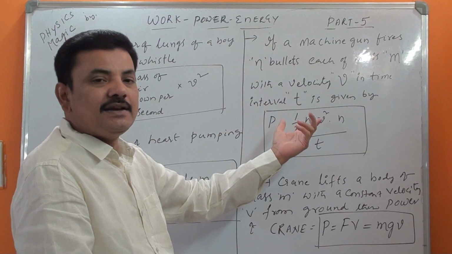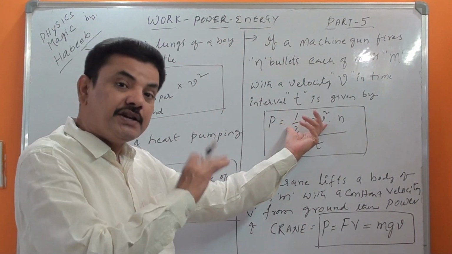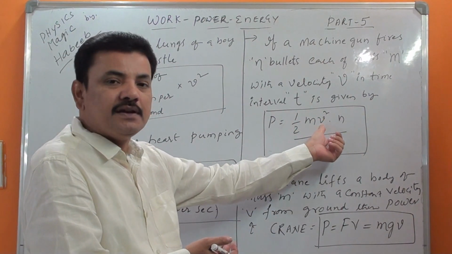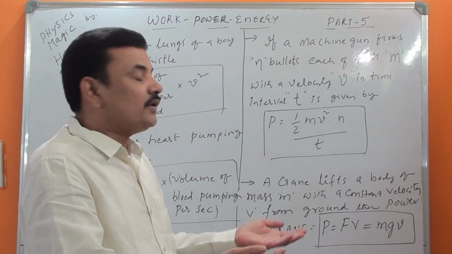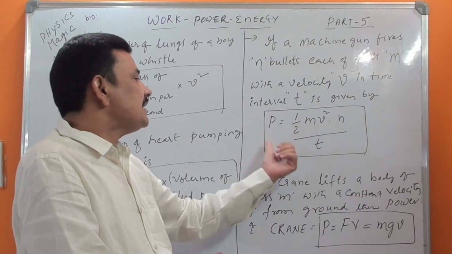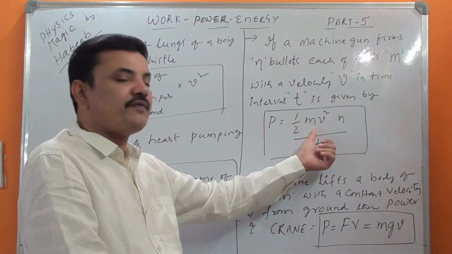Initially, when the bullet is not fired, its kinetic energy is 0. After firing, its velocity becomes v, so its kinetic energy is half mv square. Then you know that delta K, the change in kinetic energy, is final minus initial: half mv square minus 0, which is half mv square.